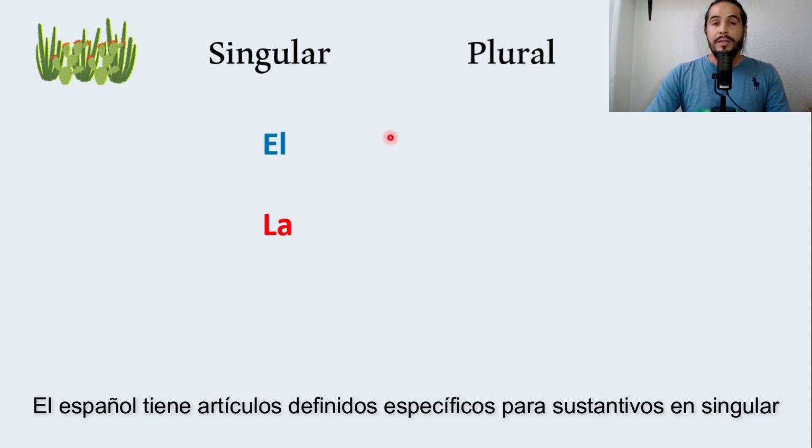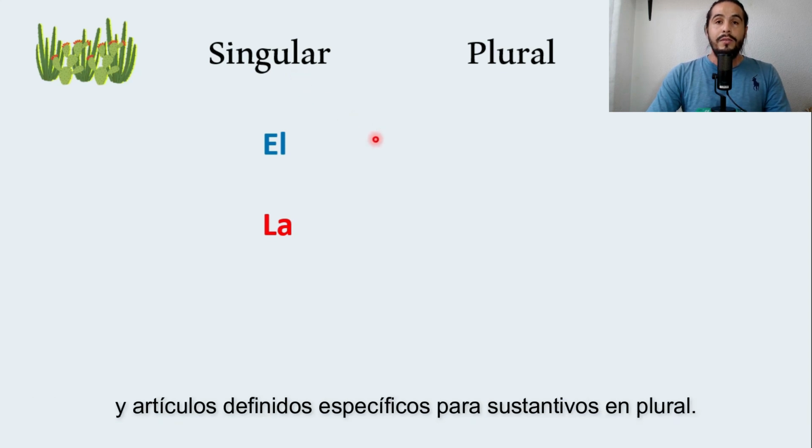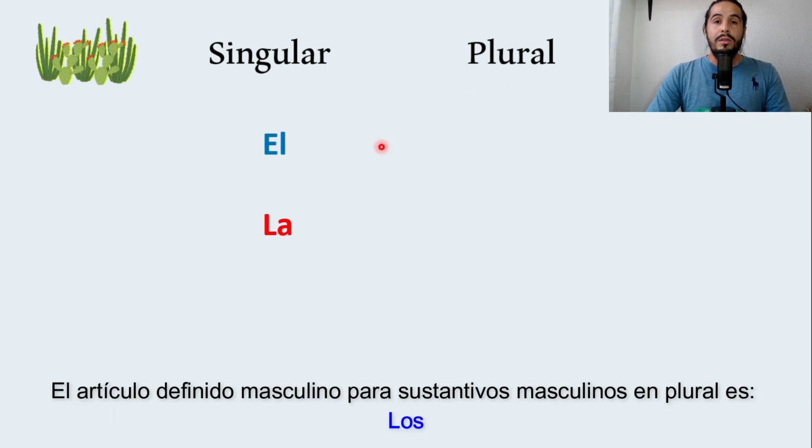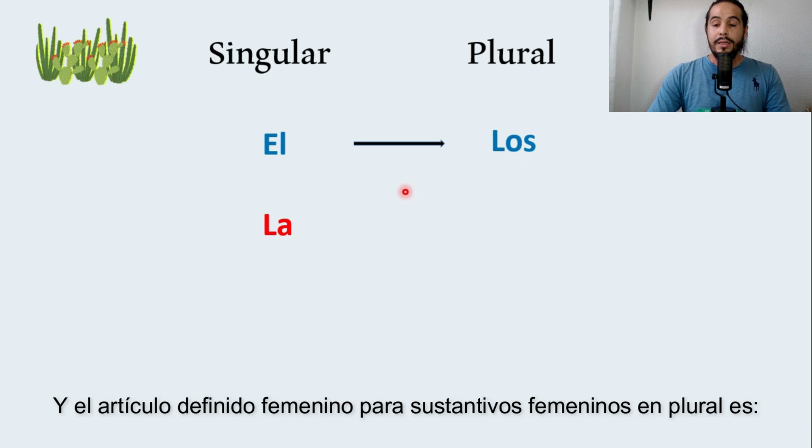Spanish has specific definite articles for singular nouns and specific definite articles for plural nouns. The masculine definite article for plural masculine nouns is los, and the feminine definite article for plural feminine nouns is las.